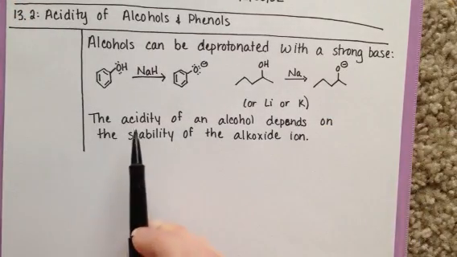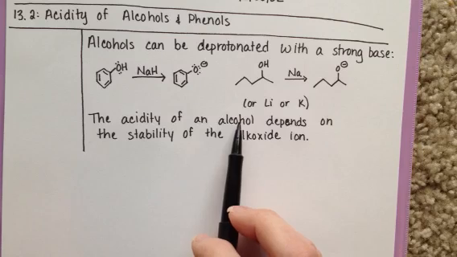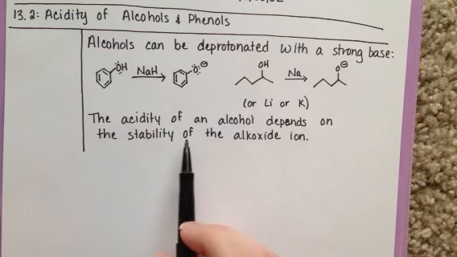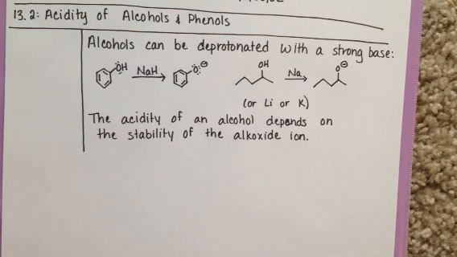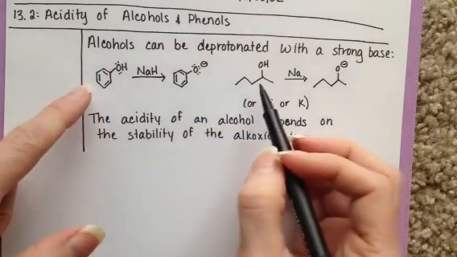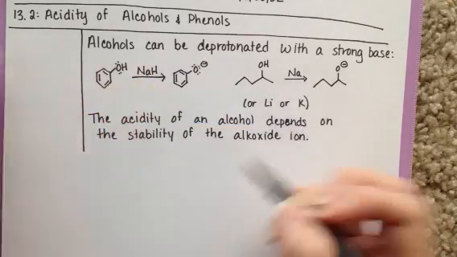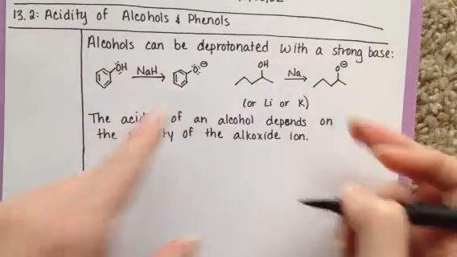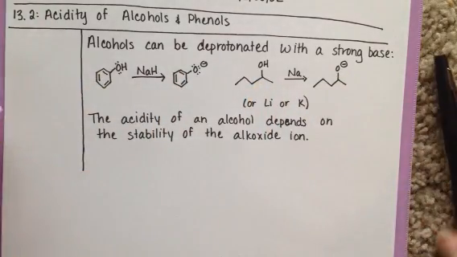So the easier it is to deprotonate the alcohol, the more acidic an alcohol is, the more readily it will be deprotonated. Totally depends on the stability of the alkoxide ion. It doesn't have anything to do with the strength of the base that you're using. It's all based on the structure of the alcohol and therefore the structure of the alkoxide ion.